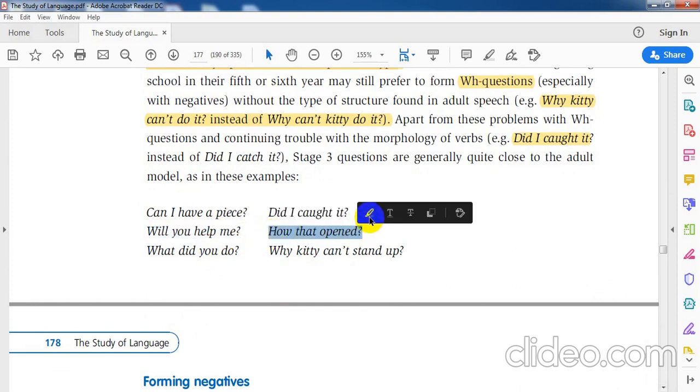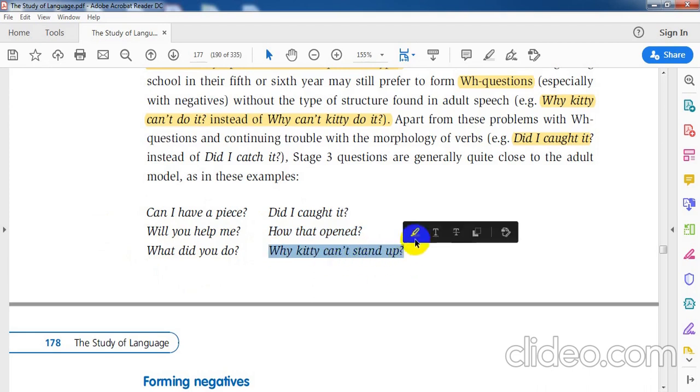A child question. How that opened? Of course, this is incorrect grammar. What did you do? This is okay, but for the child, why Kitty can't? Again, there is another example of the misuse of the correct order of the position of the auxiliary, which should be before the subject.